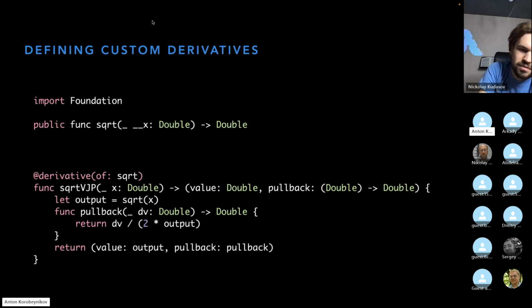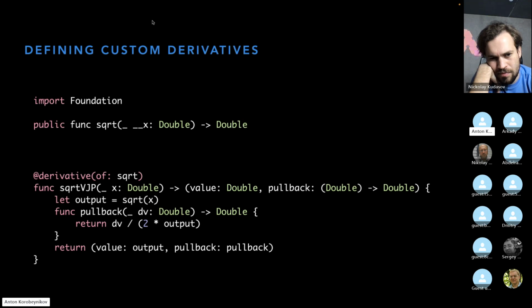Because we're doing reverse mode AD, this transpose of the linear approximation is called a vector-Jacobian product function, or VJP function. By marking the derivative function with the derivative attribute, we tell the compiler: whenever you differentiate square root, use this derivative function.